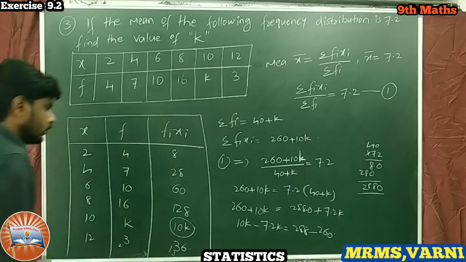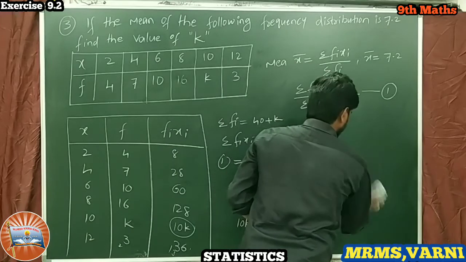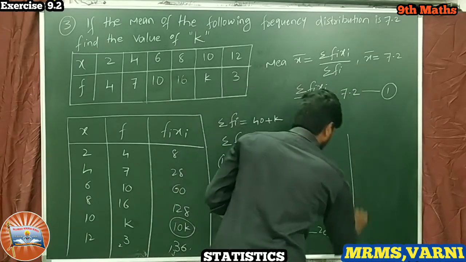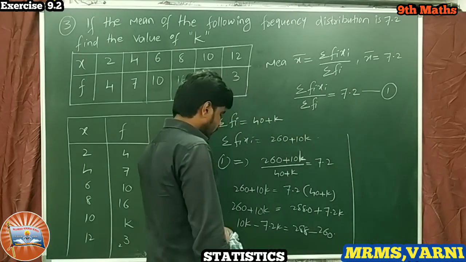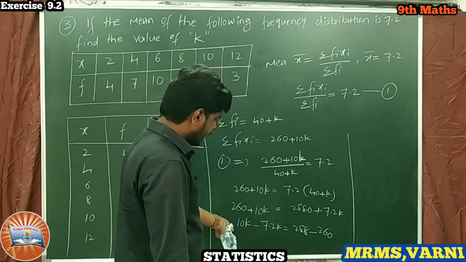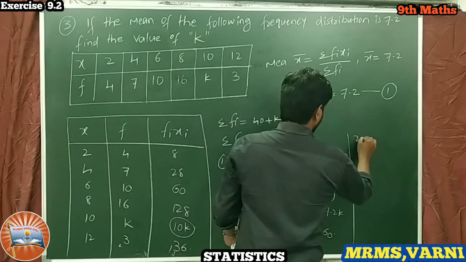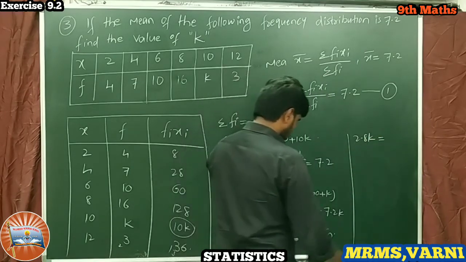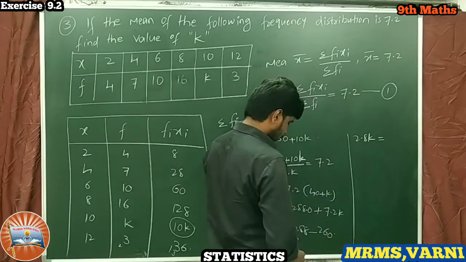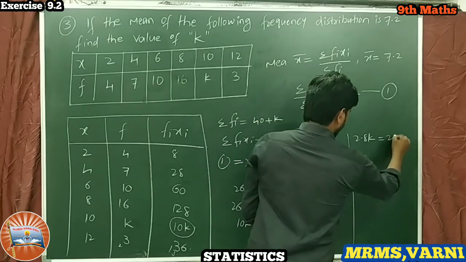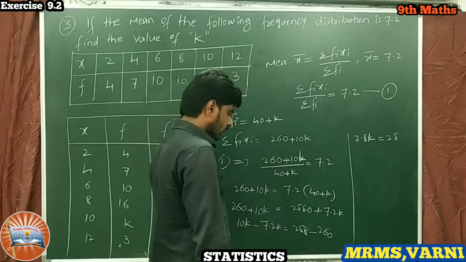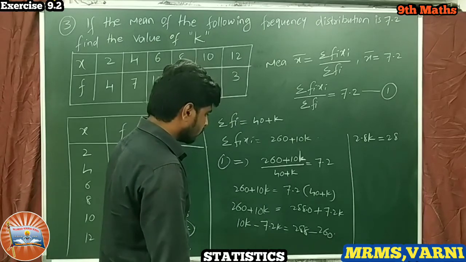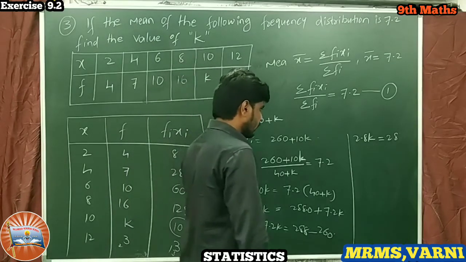Is it clear? Now what do we do? So 10 minus 7.2 is 2.8. So 2.8k is equal to 28. Yes, 28.